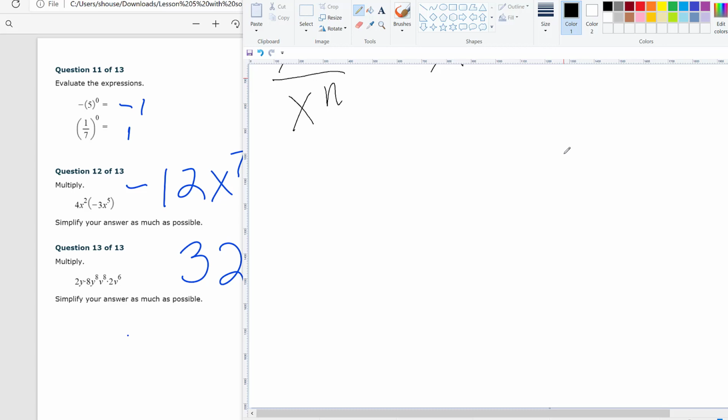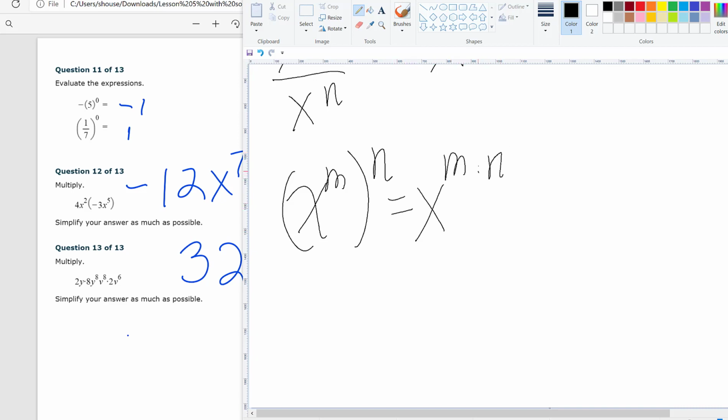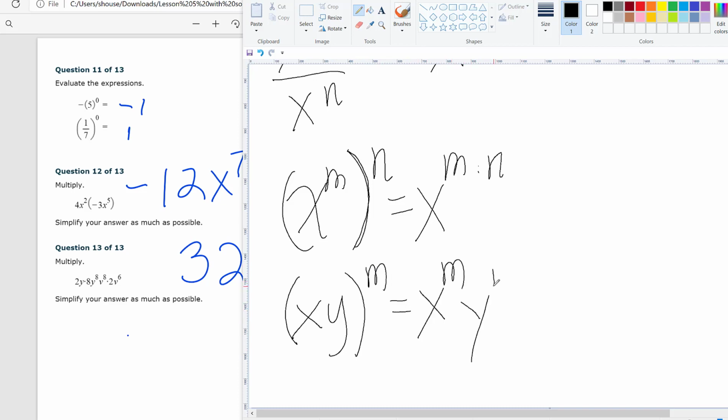When you raise a power to a power, you multiply your exponents. Think about that parentheses meaning multiplication between those two numbers. When you have more than one thing in parentheses raised to a power, each of those is raised to the power.